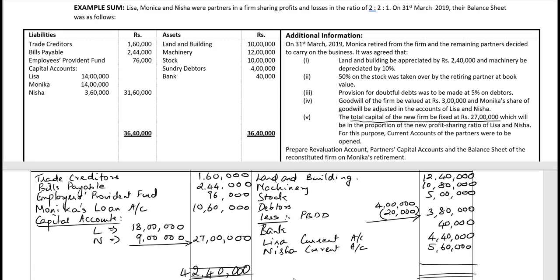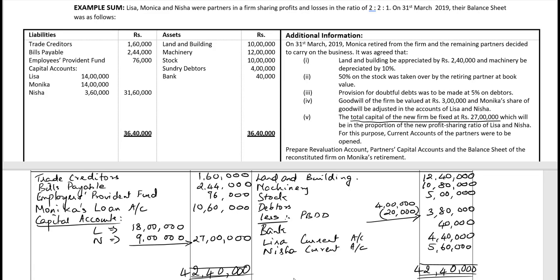Liability side total 42,40,000 rupees. Asset side total is also 42,40,000 rupees. So this is a balance sheet.